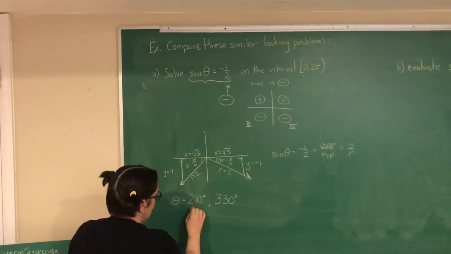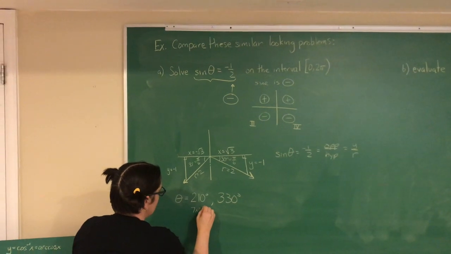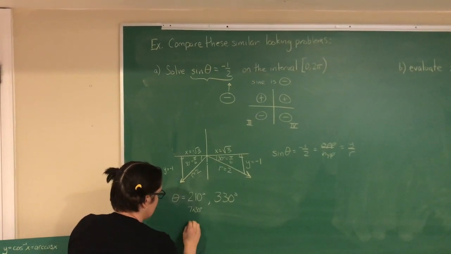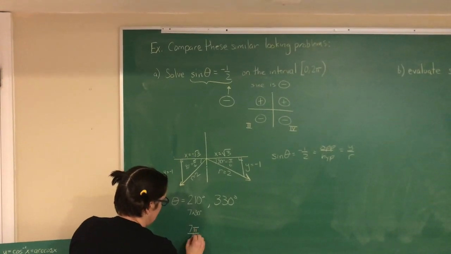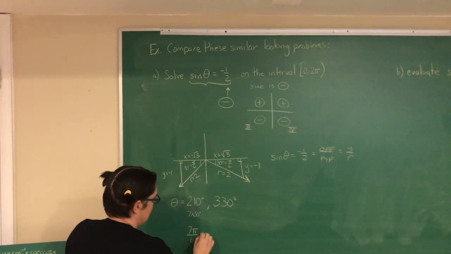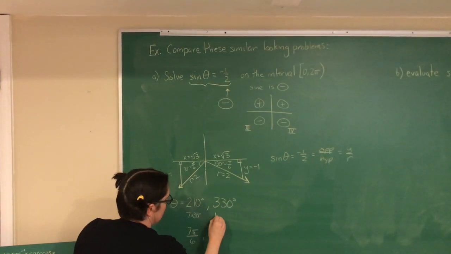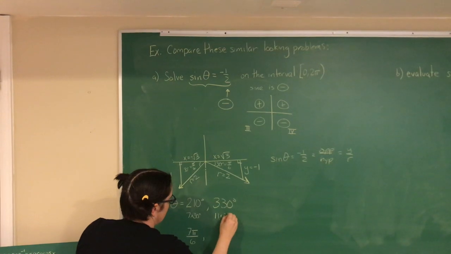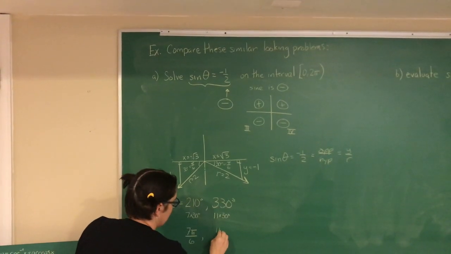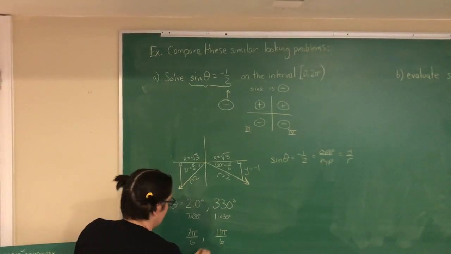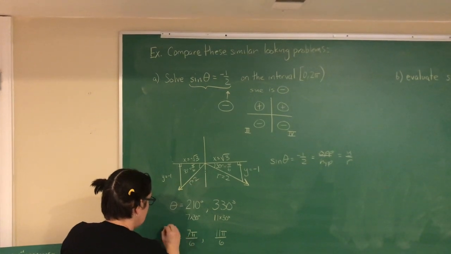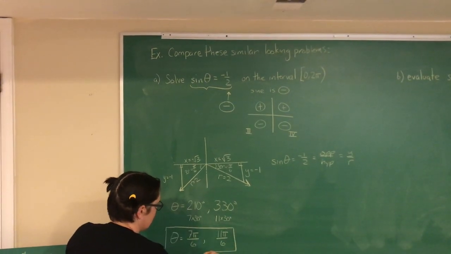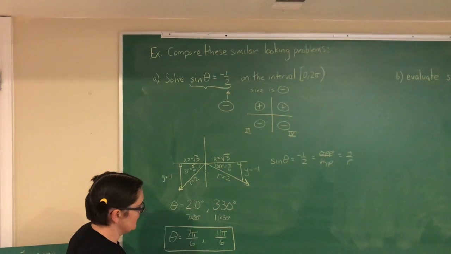So 210 is 7 30-degree measurements. So that's 7 times pi over 6. And 330 is 11 30-degree measurements, so that's 11 pi over 6. So my two answers here are 7 pi over 6 and 11 pi over 6.